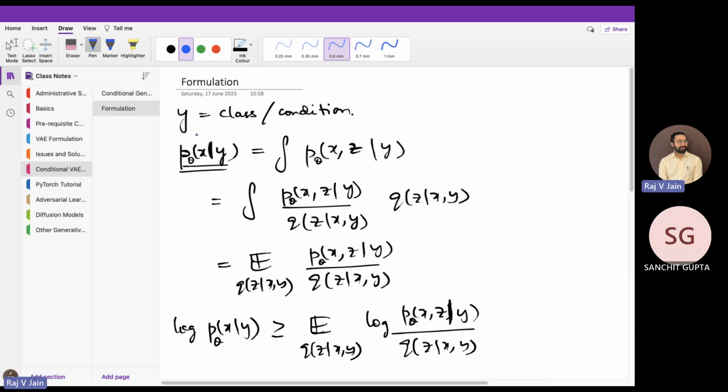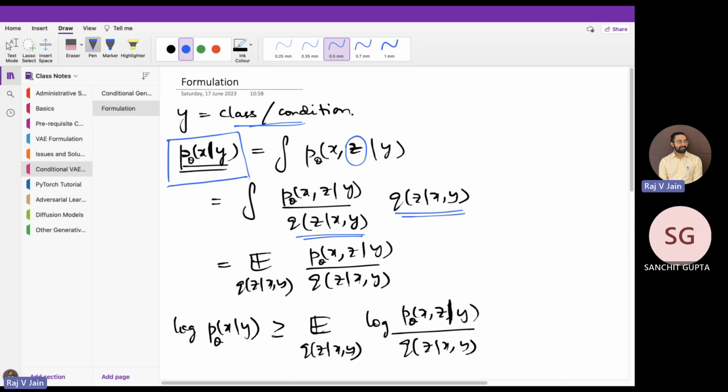Again, we'll go through it quickly. Let's say y is some class or some condition that you have in mind. What we want to model is p theta of x given y. This is your model for x given y. Again, that can be seen as an integral over x comma z, where z is some latent variable, and then we use q of z given x comma y everywhere. So this is my expectation.